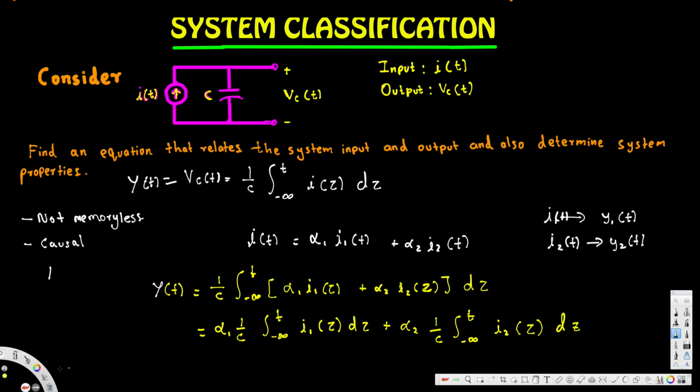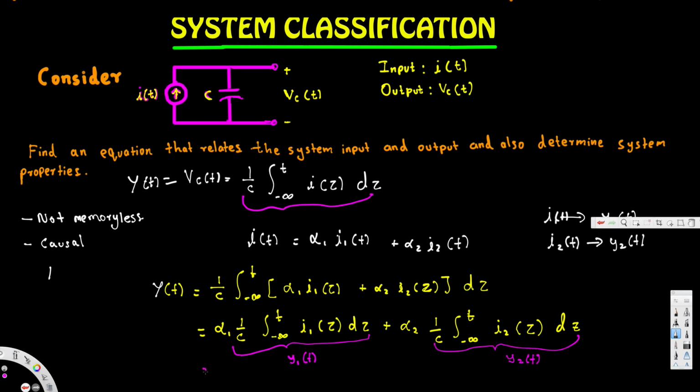If you compare with this one, 1 over c integral of I of tau d tau is equal to y of t. So the first one is y1 of t, and this one is y2 of t. Finally we get y of t equal to alpha 1 y1 of t plus alpha 2 y2 of t.